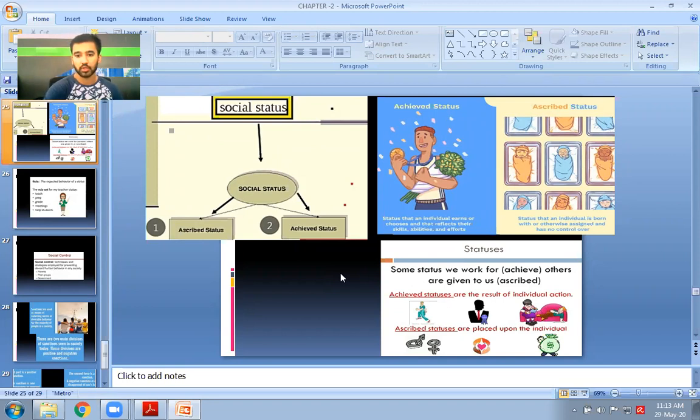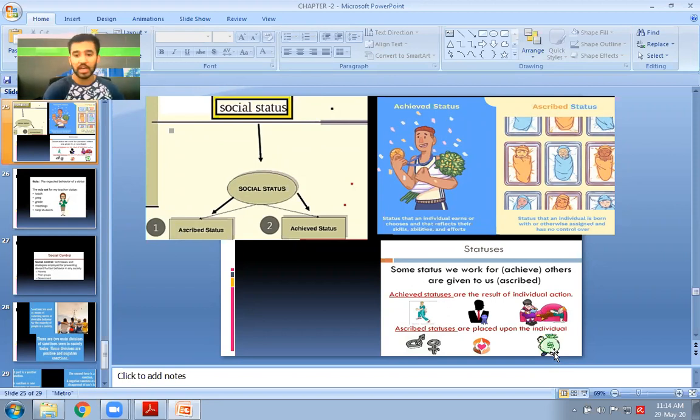Okay, so look at these examples. When a person is born, that person may be male or female, so we can't change it. That person may be born in a family that has a lot of wealth, so he is getting all the property from his or her family.